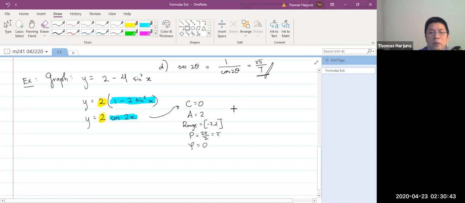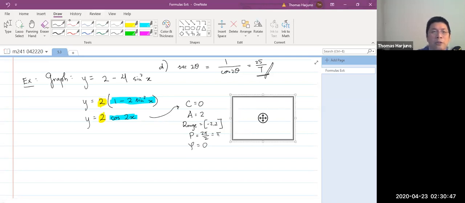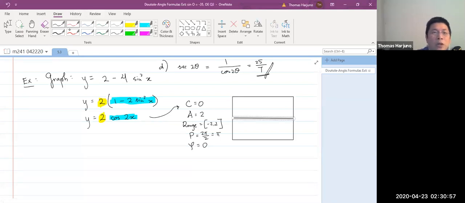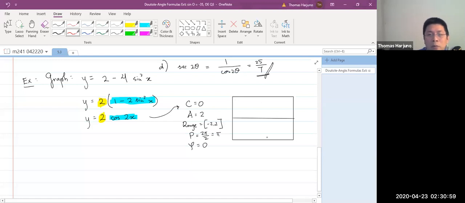So when we sketch the graph, this is just an approximation. That's a cosine, so I start from the top, go to the bottom, approximately like this.